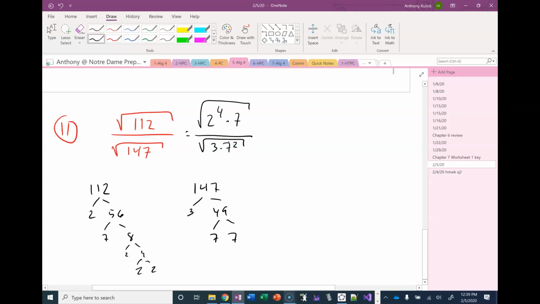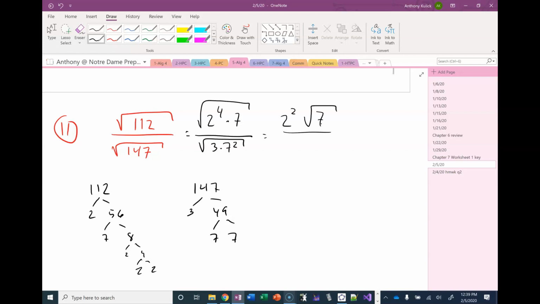Good there. Okay, now let's do our exchanges. In the numerator, I have a 2 to the 4th. The exchange rate is 2, so I can take out 2 2's, leaving me with no 2's left over, right? I can't do anything with the 7, so that stays there. Now I'll move to the denominator.